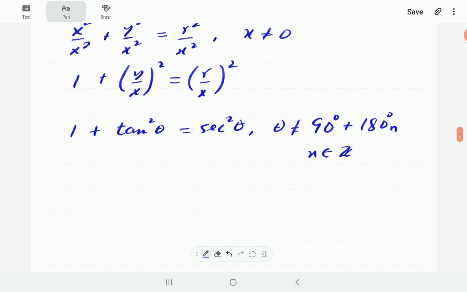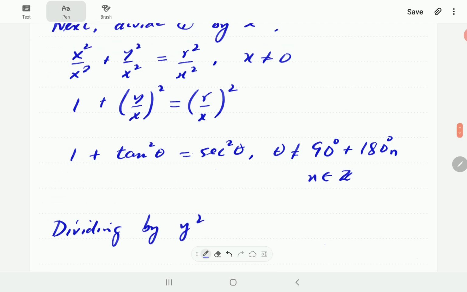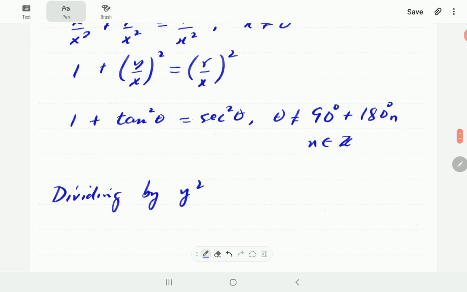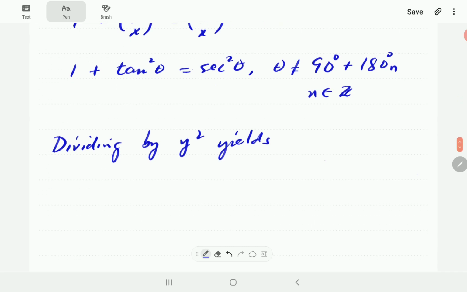Okay, lastly, we can divide by y squared now. So first we divided by r squared, then we divided by x squared. We're now going to divide by y squared, and we're just going to state the result here. Dividing by y squared is going to give us 1 plus cotangent squared is equal to cosecant squared.